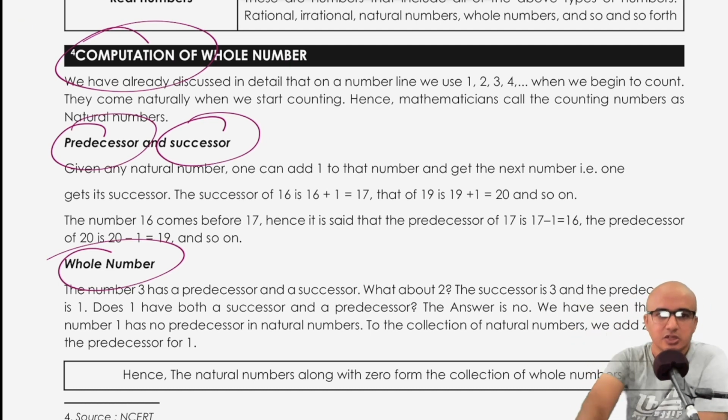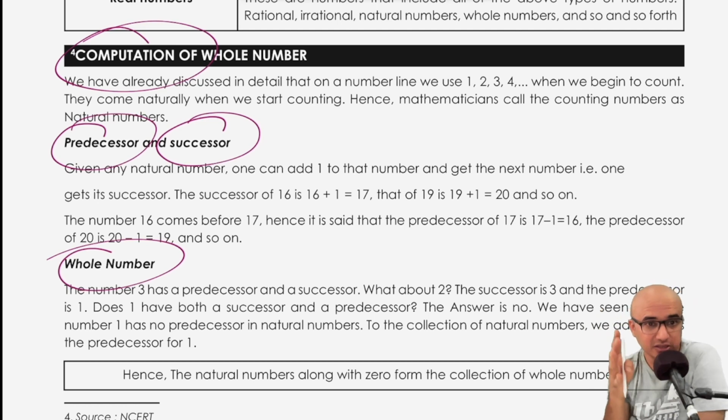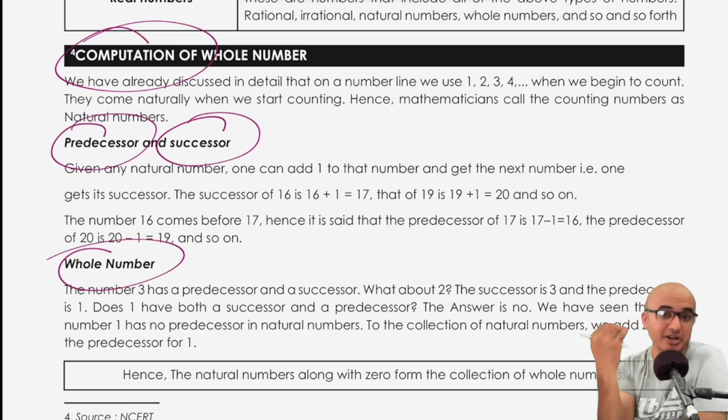Okay. So now, one thing which we have to understand here is, even though we took various examples like 5's predecessor was 4, 6's successor was 7, etc., when it comes to 1, what is the predecessor of 1?